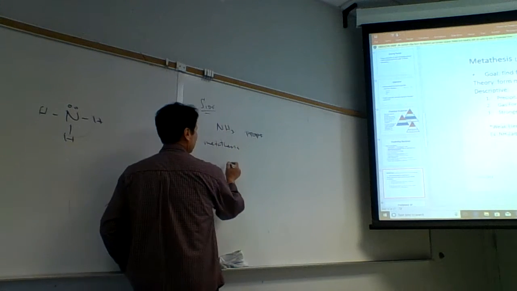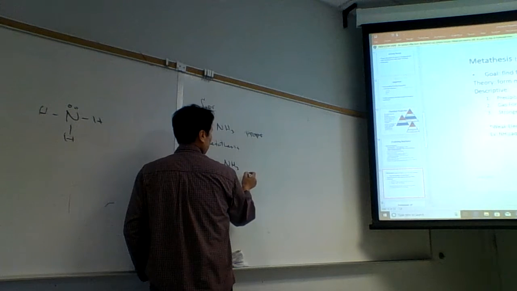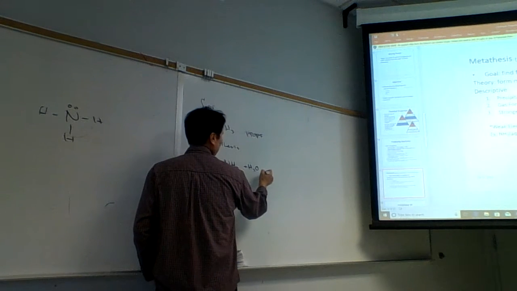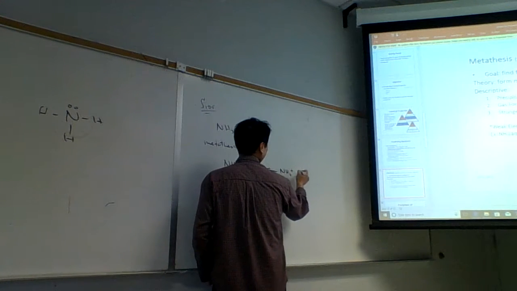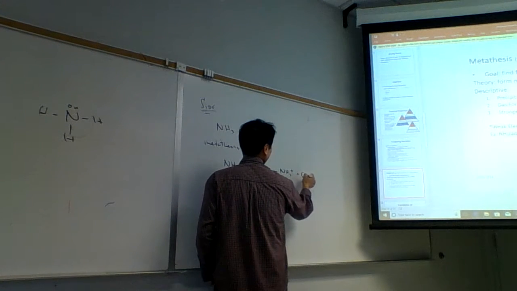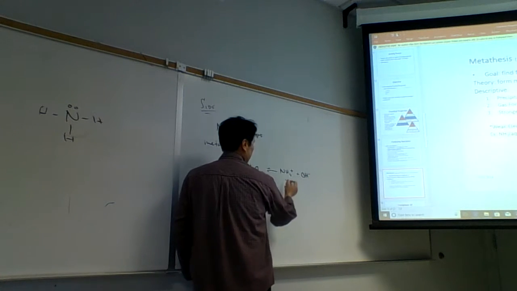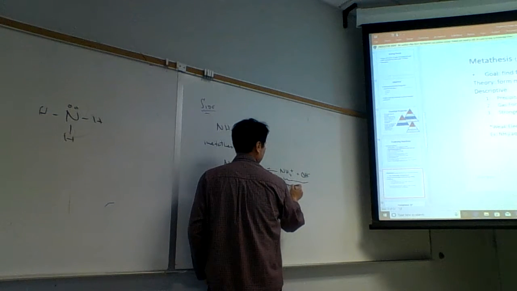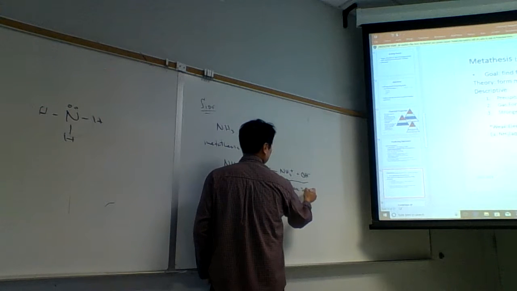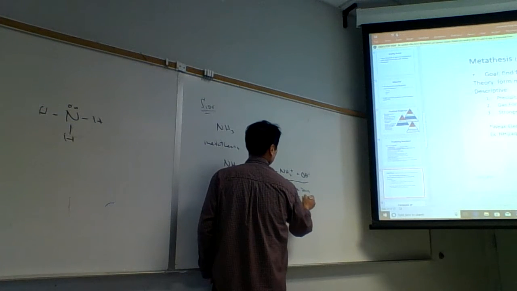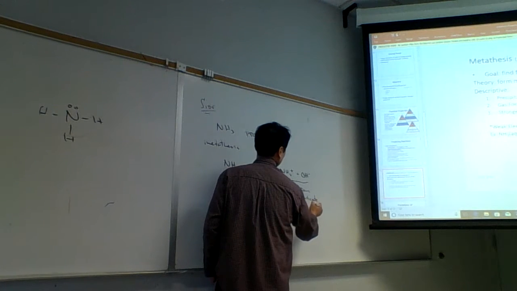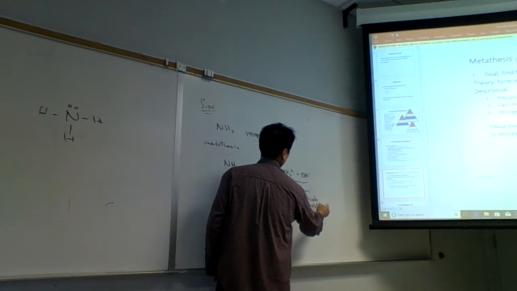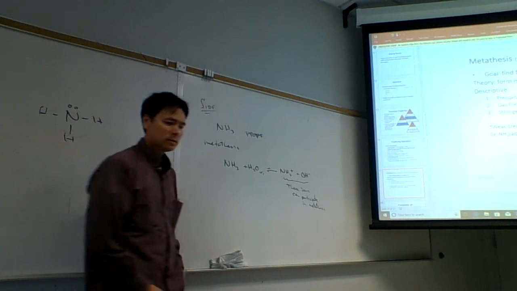Because what happens is, ammonia reacts with water to form a little bit of ammonium and OH minus. And so these are the ions. These ions can participate in metathesis.